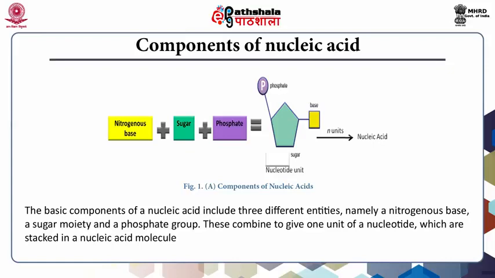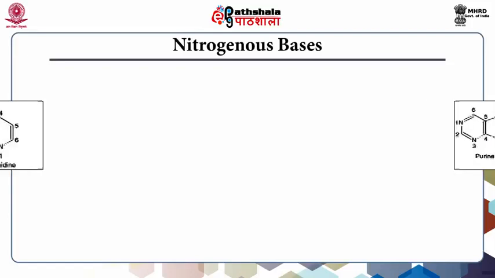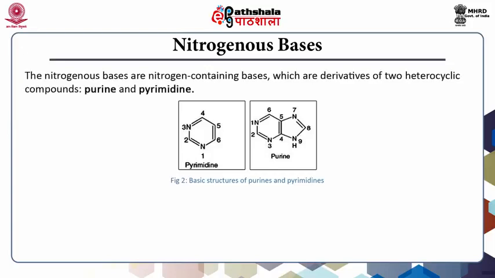These combine to give one unit of nucleotide, and these nucleotides are stacked in nucleic acid molecule. Now, first coming to nitrogenous bases. The nitrogenous bases are nitrogen containing bases which are derivatives of two heterocyclic compounds, purine and pyrimidine.